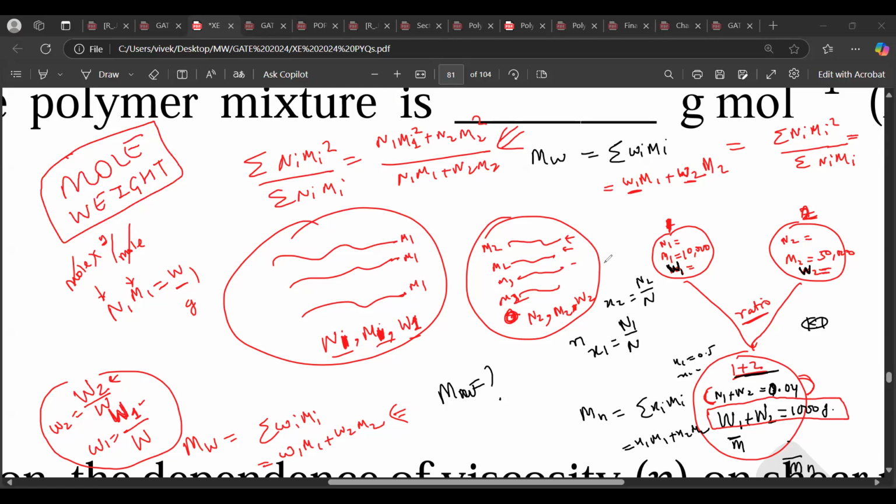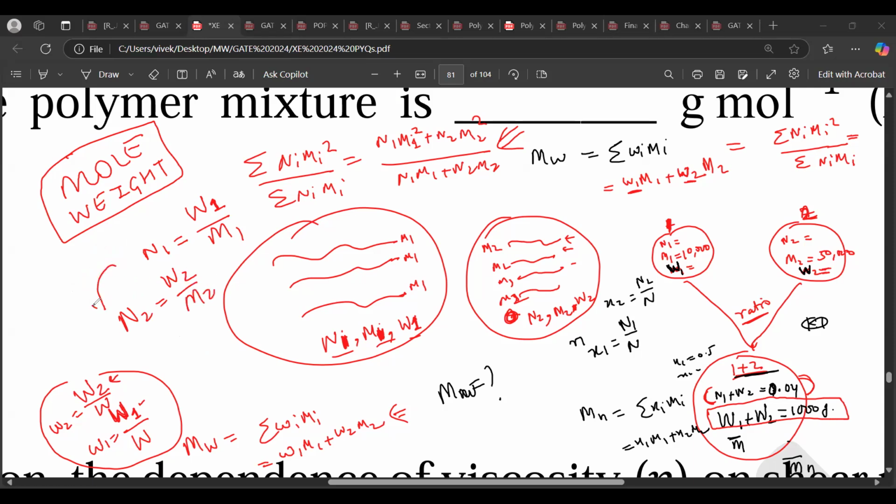You can calculate mole: weight by molecular weight, no? Yes, very good. So you know somehow these two are connected. I know that number of moles N1 is weight by molecular weight, W1 by M1. This I know, right? Similarly, my N2 is W2 by M2.